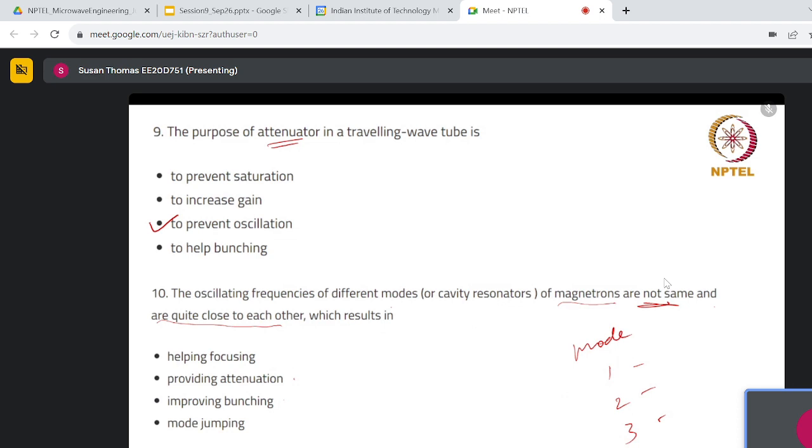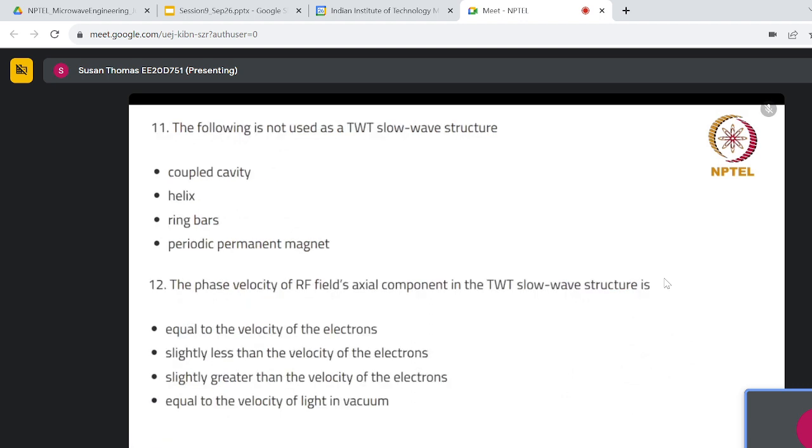Any guesses? So this will result in mode jumping. Because the frequencies, say F1, F2, are quite close to each other, it can happen such that mode 1 becomes mode 2 or mode 2 becomes mode 3. So that is one of the things with the magnetron oscillator.